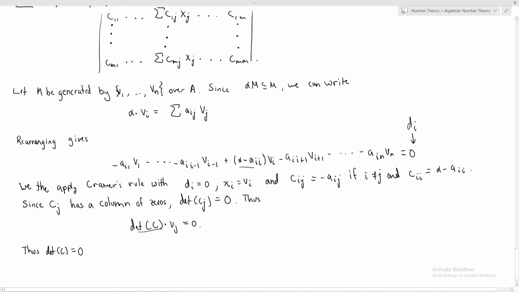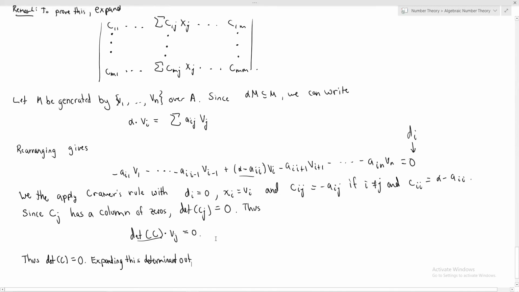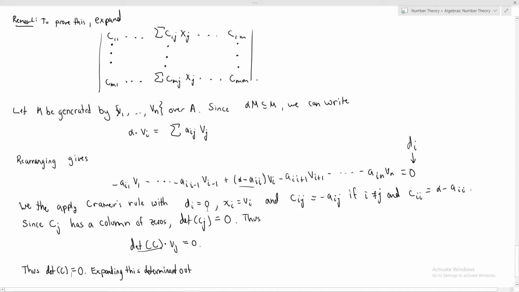If you expand out this determinant, what will you find? Okay, so if you actually write down what this expansion is, the entries are either a sub ij's, which are elements of A, or, sorry, I should have marked that here.